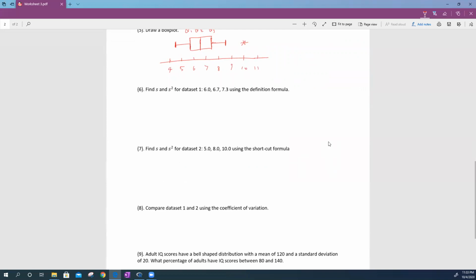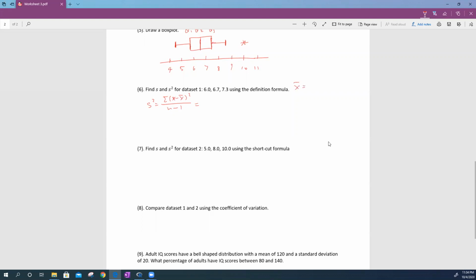We want to find the standard deviation and variance for the data set for this one, using the definition formula. The definition formula is the sum of x minus x bar squared over n minus 1. So we need to know x bar first.